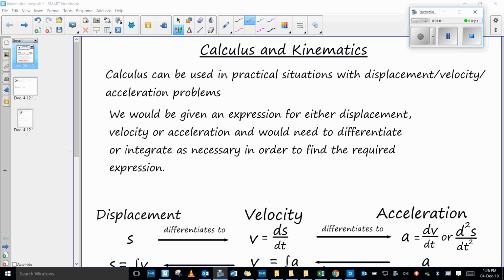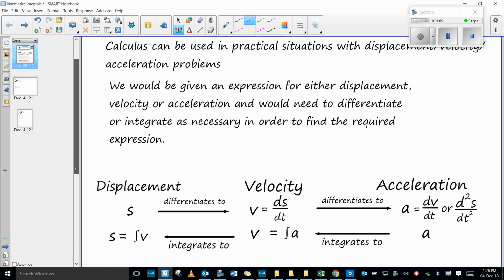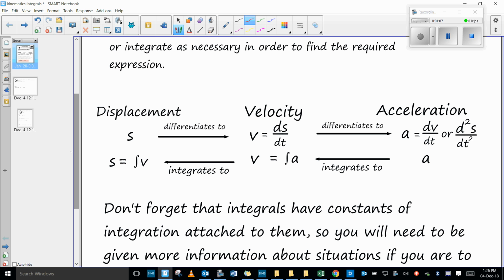Yes? Now, they are all connected to each other. Displacement is given the letter s, I don't know why, it just is. So if an expression is given for displacement, we can differentiate that expression and it will tell us about the velocity of an object. In other words, v would be equal to ds/dt.